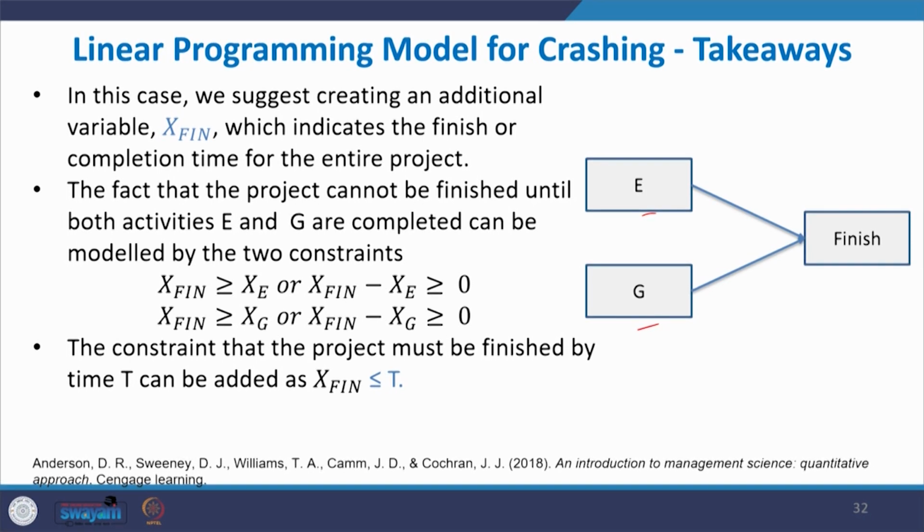We can write a constraint like this: xFin should be greater than or equal to XE for this activity, and for the activity G, xFin is greater than or equal to XG. This time will be provided by the management. So, the constraint that the project must be finished by time t can be added as xFin less than or equal to t. Whenever there are two nodes which directly end at the finishing node, these three equations can be added to take care of it.